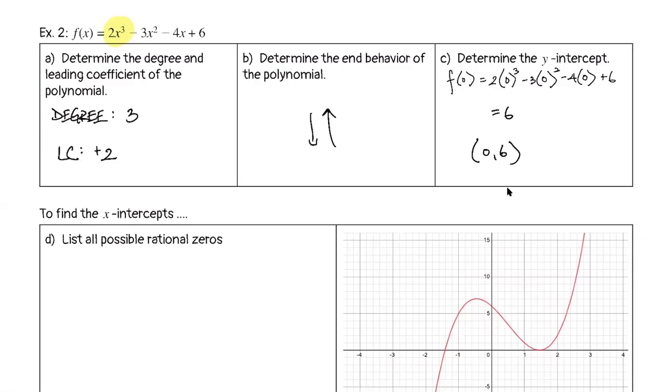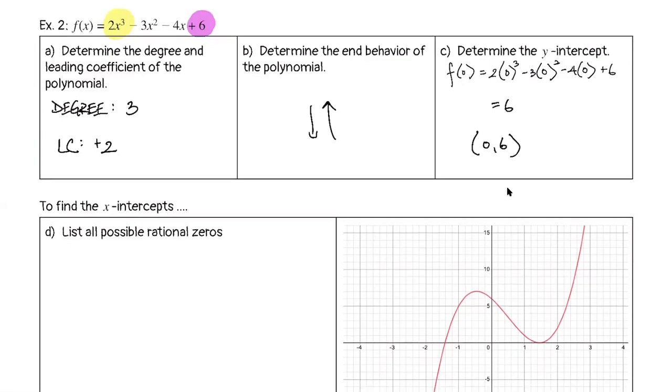All right, so now that we have that, we're going to list out the possible rational zeros. And in order to do that, we need to find our constant term, which is the one in the purple, and our leading coefficient. And we know we want to consider the positive and the negative cases. So we're going to take the factors of the constant term first, okay?